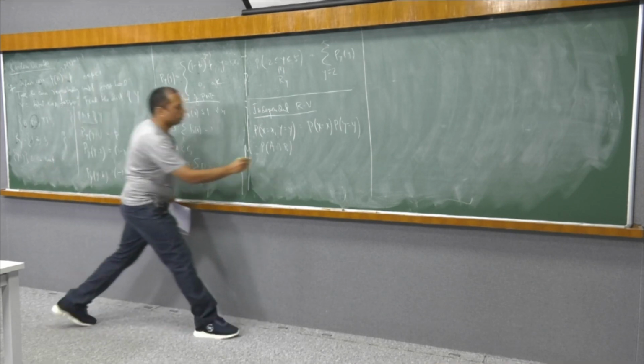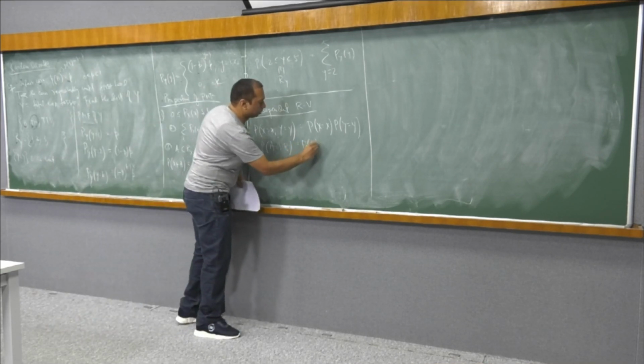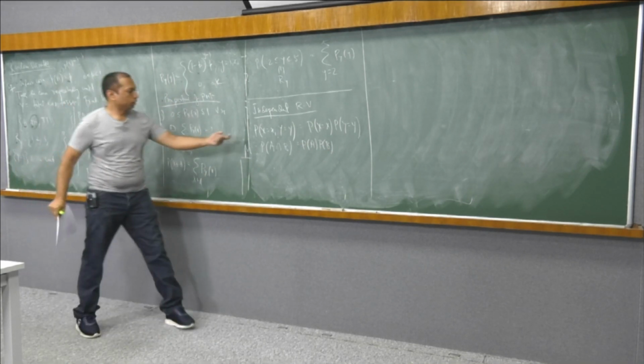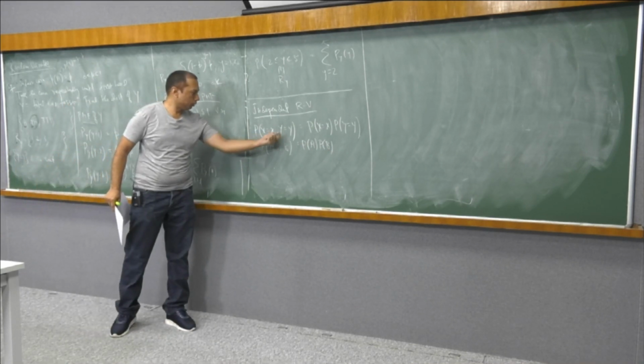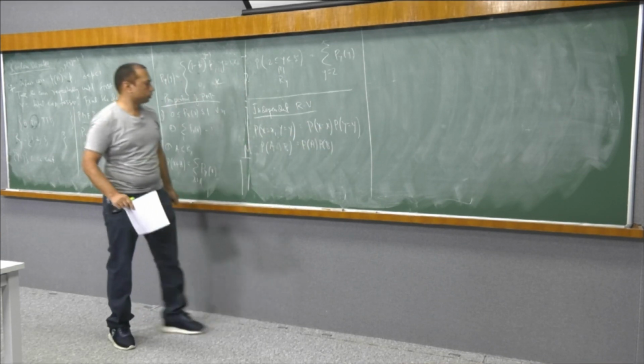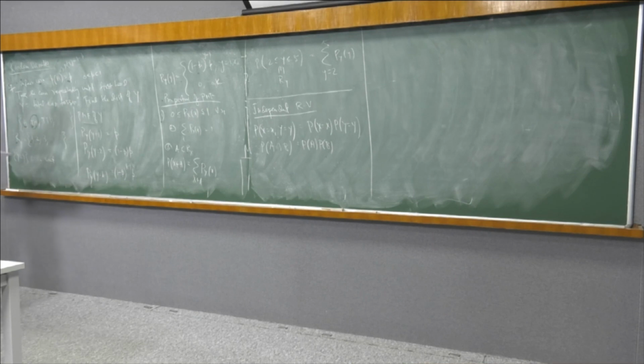We have seen before that the probability of A intersection B is the probability of A times the probability of B. In terms of random variables, X equals x is A, Y equals y is B, and it's the probability of A times the probability of B. There is nothing new here.